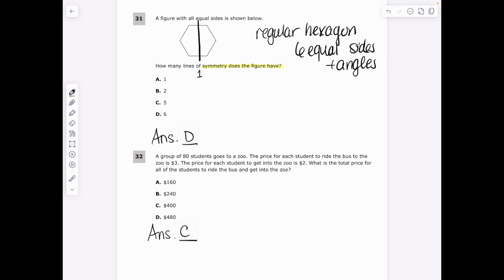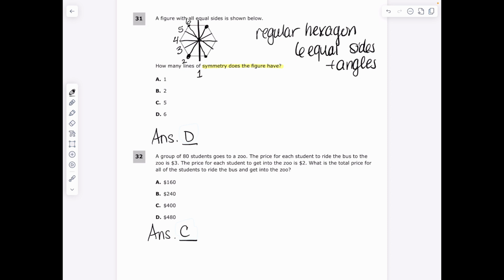But I could also turn the other direction from this point to this point and have another line of symmetry. And cut it in half this way and get a third line of symmetry. Cut it half this way and get a fourth line of symmetry. In half again this way, 5 lines of symmetry. And from here to here, 6 lines of symmetry.